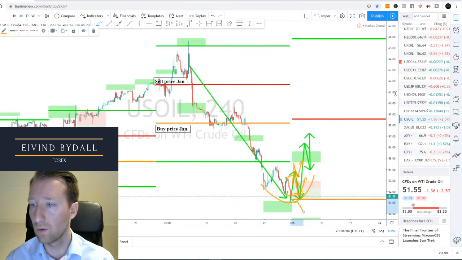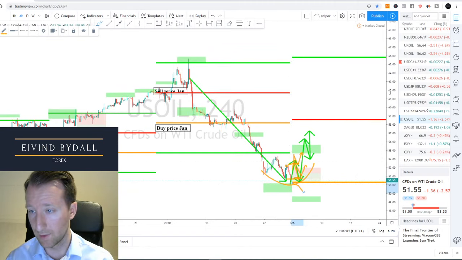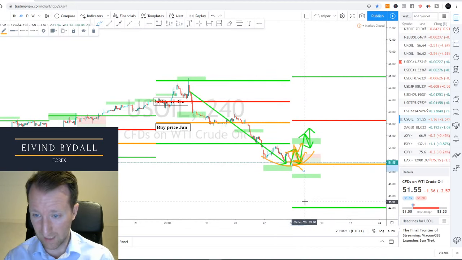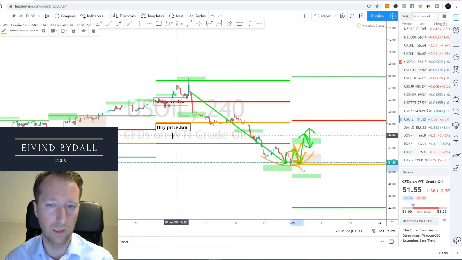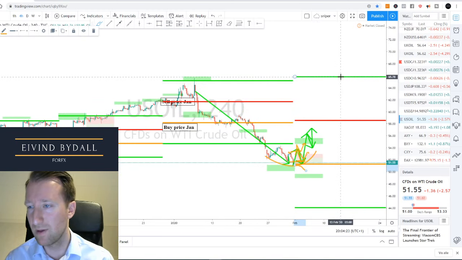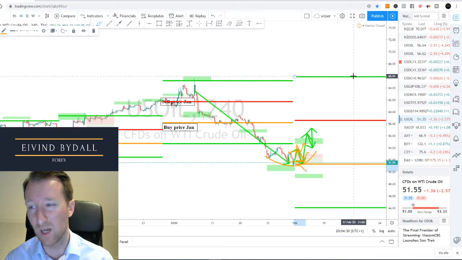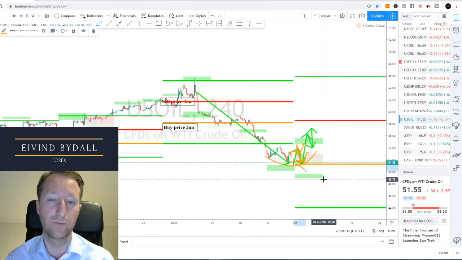So for oil, this is the monthly entry. This is the weekly entry. And since we moved so far, pivots have become quite great. But do you think it will go up to 66 again? I really strongly believe that maybe by end of March, so maybe 2 months, we can be up to 66. If this just continues lower, I don't believe it will.